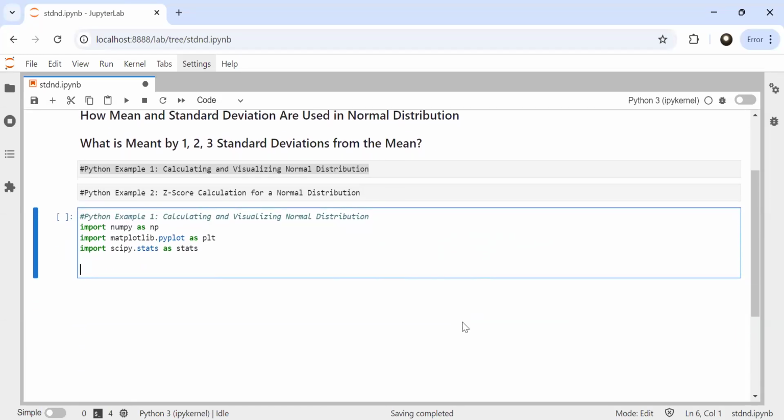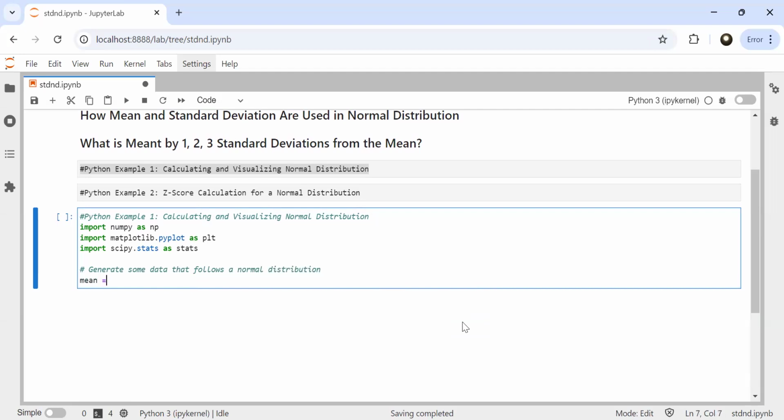So now after importing all the libraries, we have to generate some data that follows a normal distribution.